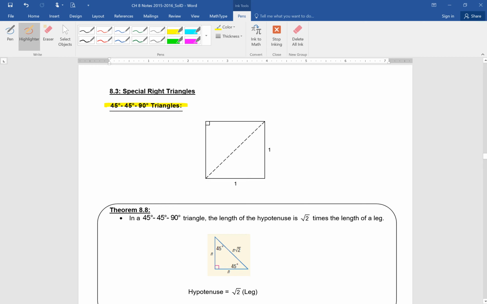So suppose you take a square. What do we know about a square? It has 4 right angles. And suppose you take a square and you cut it in half diagonally.